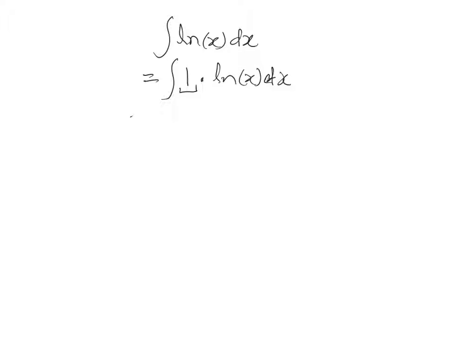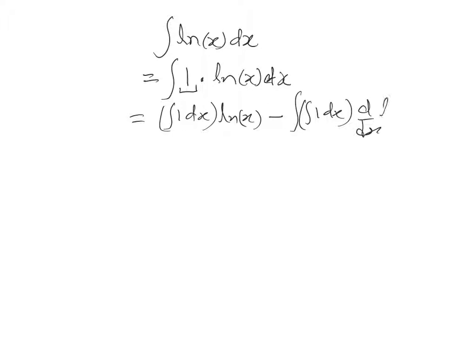And so by integration by parts this is the integral of 1 dx times ln of x minus the integral of 1 dx times the derivative of ln of x dx. This is x ln x minus the integral of x times 1 over x dx.